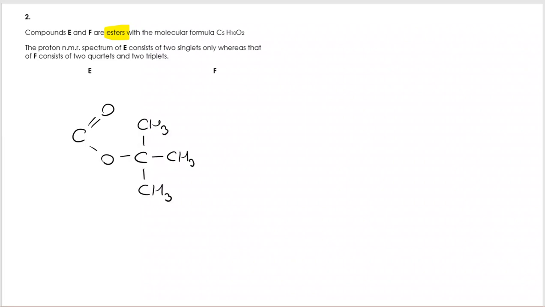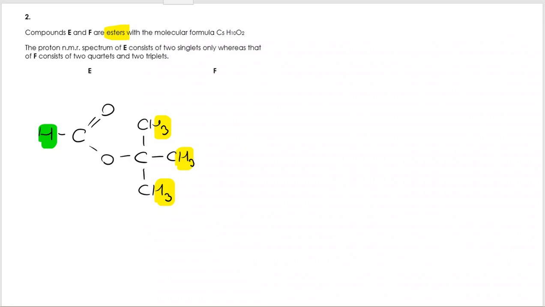So I've now got my 9 on the other side, and that leaves me with 1 hydrogen which I can slot in here, and you can now see that I have generated an ester. I've got 1 hydrogen in one environment, and I've got 3, 6, 9 in a second. I've got 2 peaks.